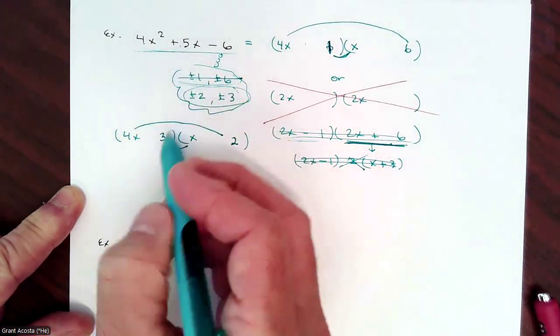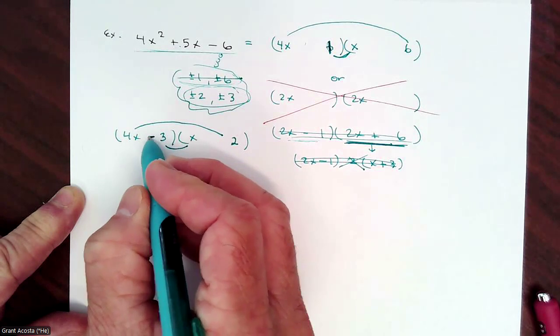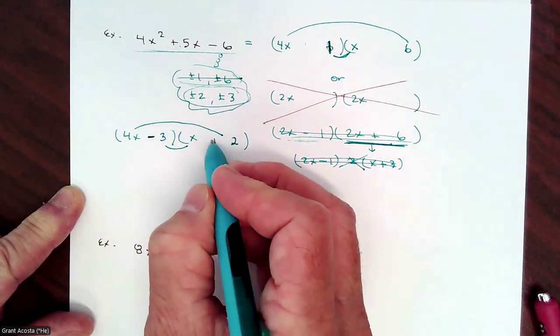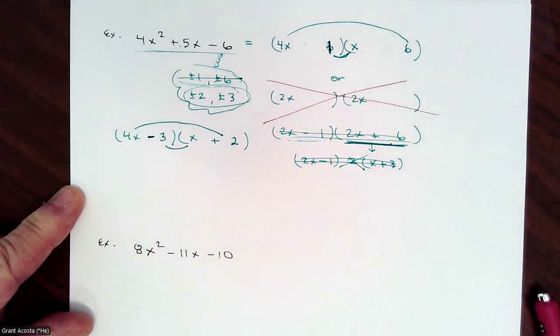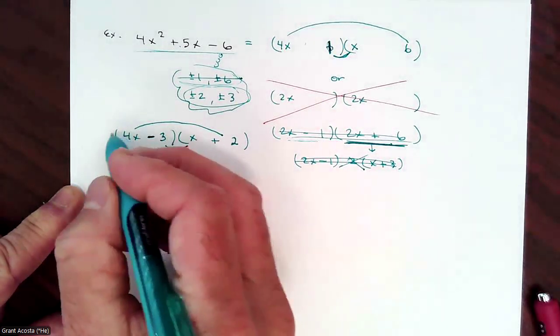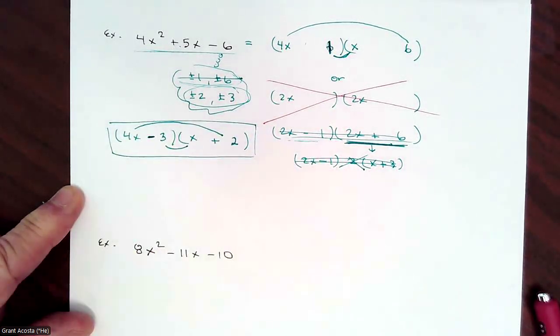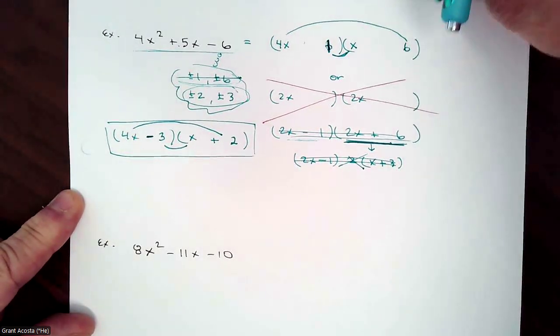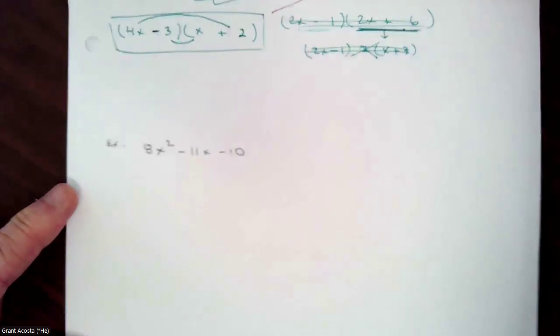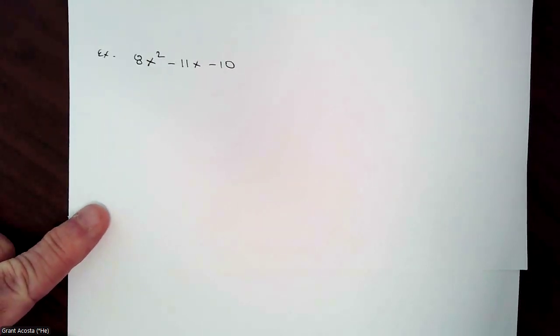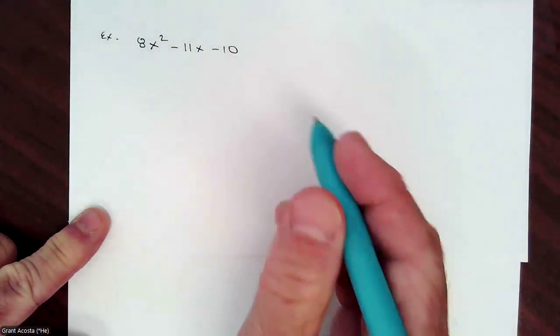If I want to get a positive 5x, this should be 8x minus 3x. So I should make that plus. And you can see that that works. Multiply it out. So this is the idea of ruling out possibilities for that last number based on common factors.